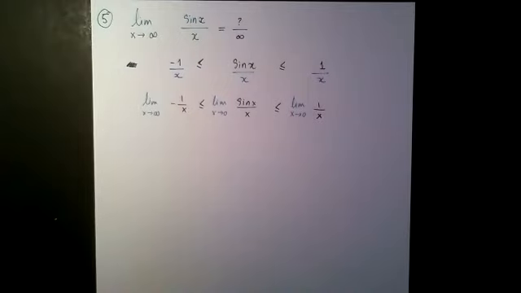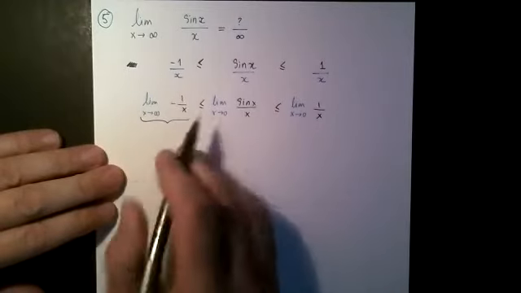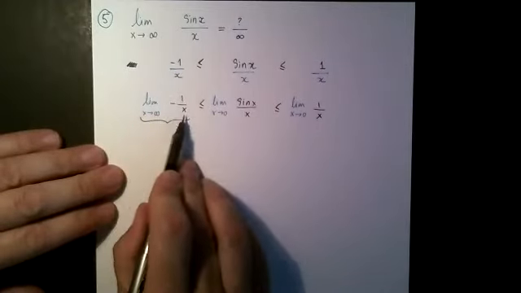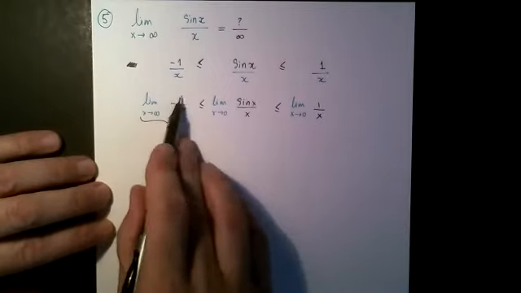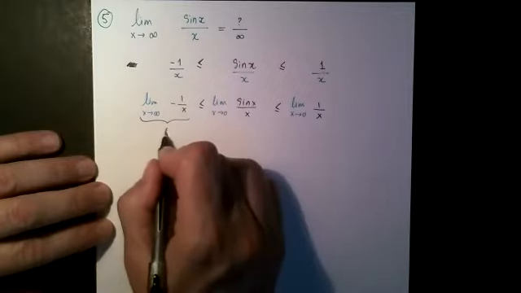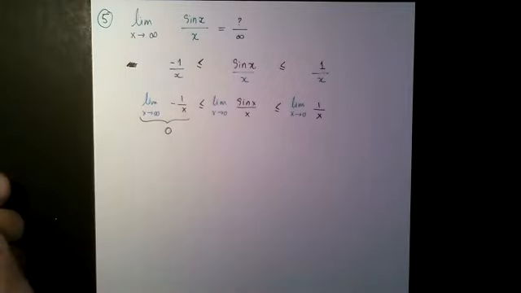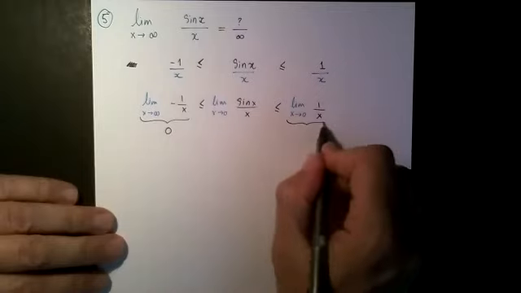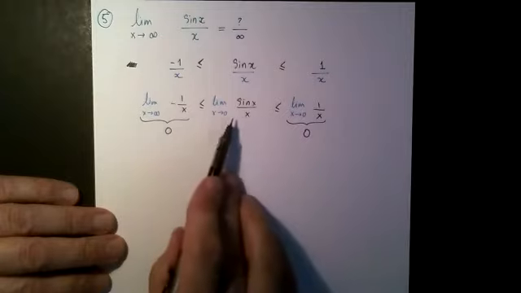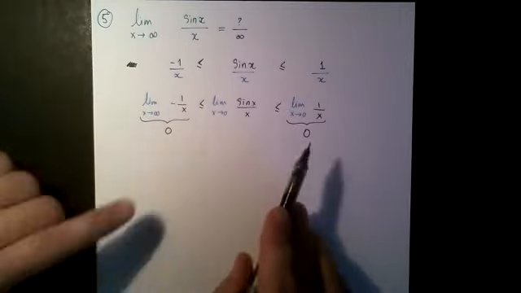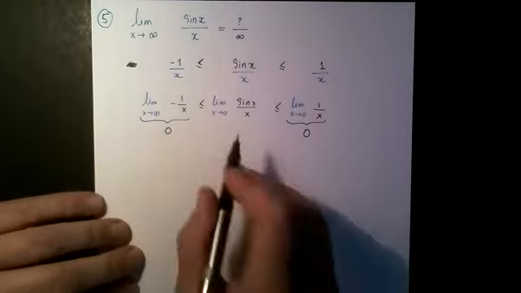I don't really get why you changed the signs. I didn't change the signs. Oh, okay. Now, the limit as x approaches infinity of -1 over x is what? This we spoke about already. A number divided by infinity is for sure 0. Same thing here: 1 divided by infinity is also 0. So I just showed that the limit that I'm looking for is between 0 and 0, so it has to be 0.